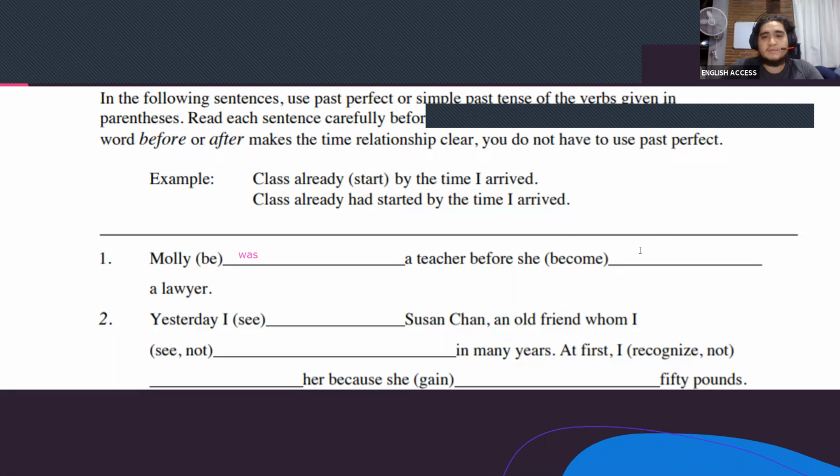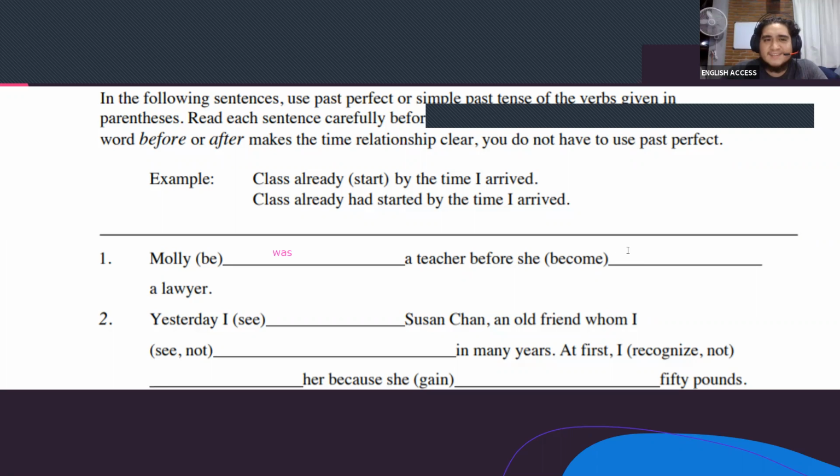Molly was a teacher before... I am incorrect. I'm wrong. Is it correct or not correct? It is correct. Molly was a teacher before, but she continued to be a teacher.